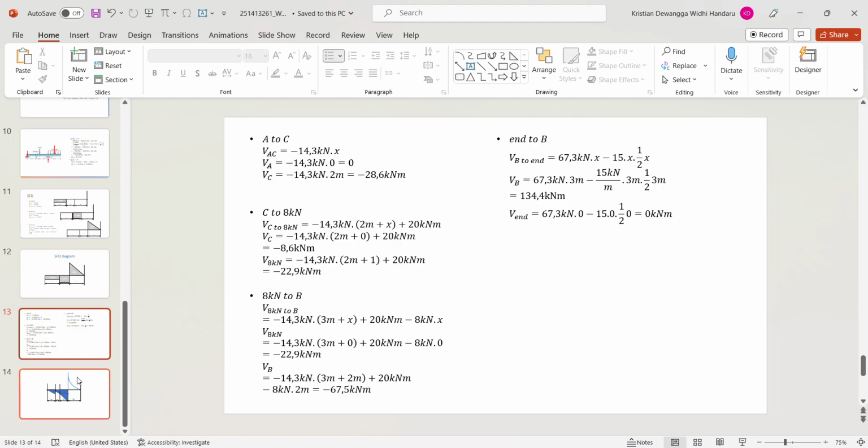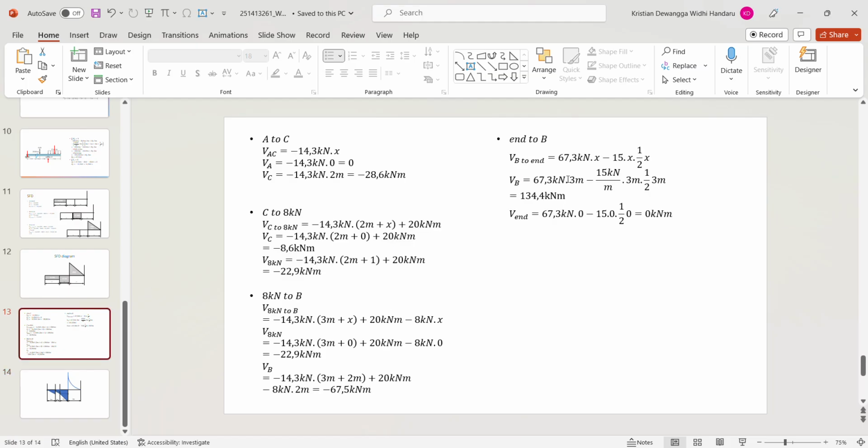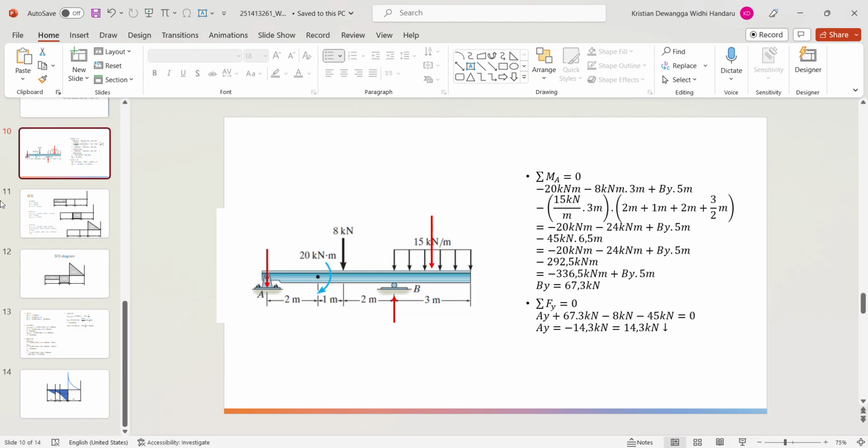And then, because it's kind of hard to look from the left, we change the formation to from the right, so it becomes N to B. So for VB to N, this equation is 67.3 kilonewton times X minus 15 times X, a half times X, because the first upward is from like this.